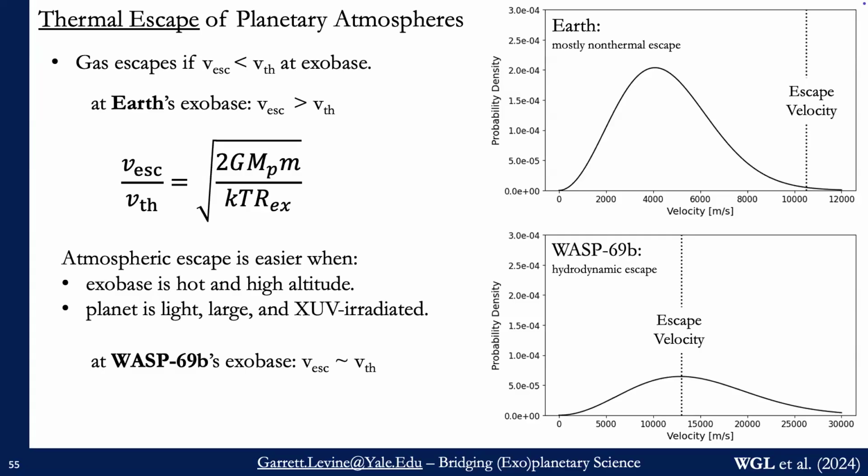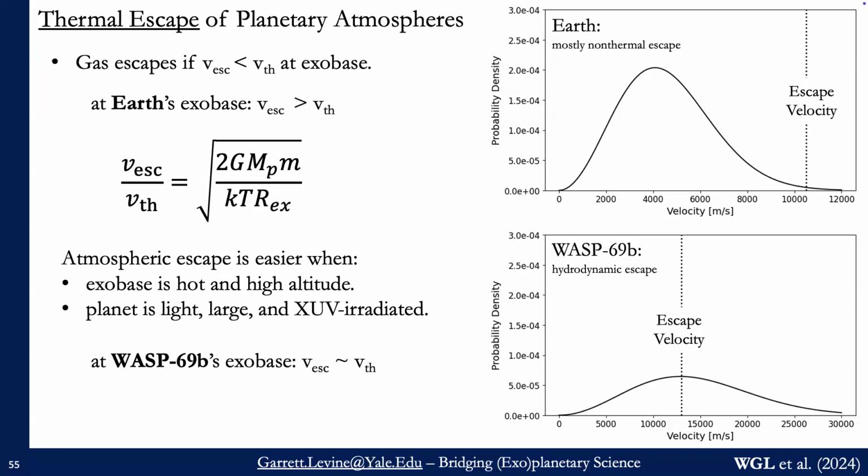Now, if I want to minimize that ratio of escape velocity to thermal velocity, I want to crank up the thermal velocity. Atmospheric escape is easier when the exobase is hot and at high altitude, so there's less gravity pulling me down, and the planet is light, large, and XUV irradiated. What I'm really describing here is a hot Jupiter.